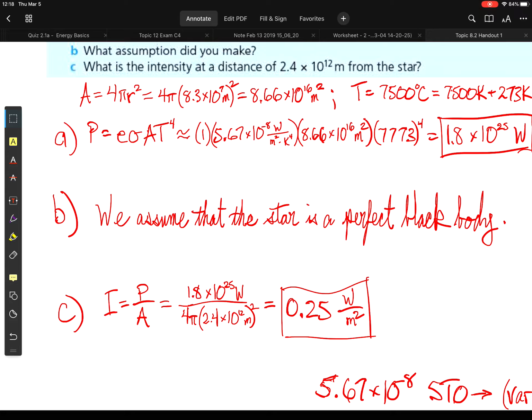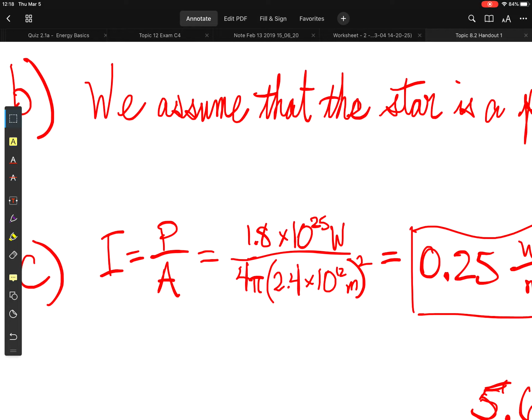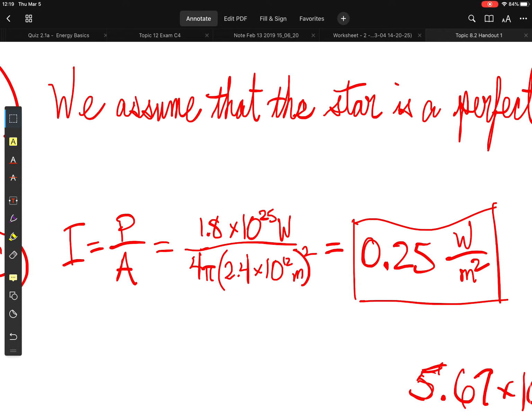Okay, part B we've already discussed. C, what is the intensity at a distance of 2.4 times 10 to the 12 meters from the star? So here we just need to recognize that intensity is equal to power divided by area. And the area that we are interested in is the area of a sphere with a radius equal to our distance from the star.